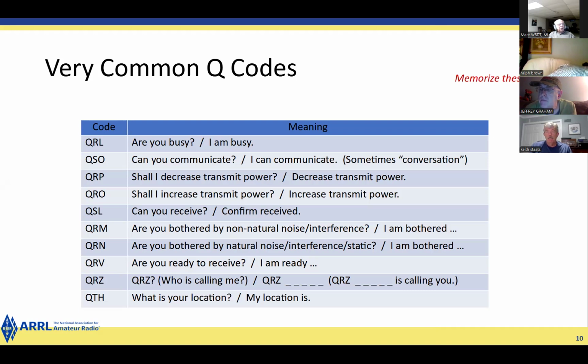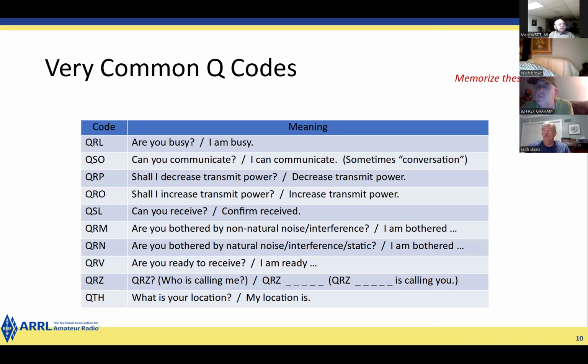QSL, we talk about QSL cards. Sometimes somebody might make a comment. You'll be talking to them on the radio, and they'll say QSL. In other words, they heard you.